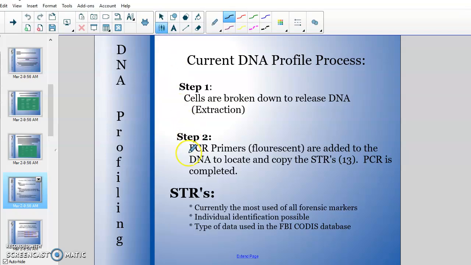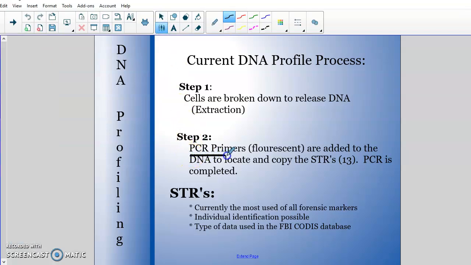Well, in this case, there's a PCR primer that's added, and it's fluorescent. So they add a little fluorescent marker to it, okay, to locate and copy what's called STRs. And we're going to talk about what an STR is in just a second, okay?